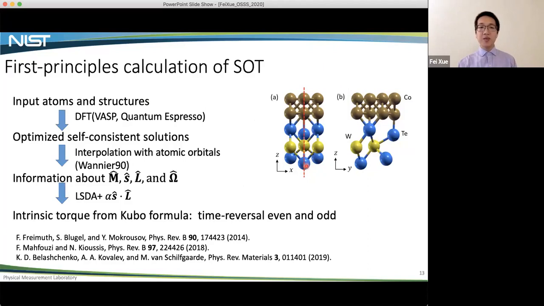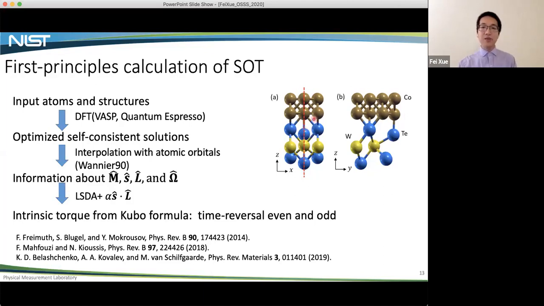But because of the limitation of computation time and cost, we cannot use a very large unit cell. So in this simulation, we are having a hard time getting a reasonable relaxed structure with cobalt and WTe2. So keep in mind that this is not the real heterostructure. We don't believe it's the right one compared to the experiment.